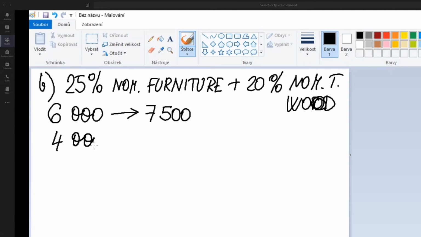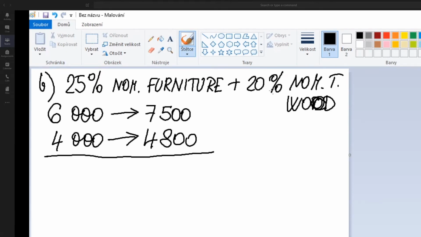4,000 is the world price of wood, but in the small economy, there is the tariff protection. 20% is 1/5, that means 4,800, the price of the wood in the small economy after the tariff imposition. So the value added that was necessary to do with the wood, that means you have to make the whole table, to color it, to do some improvements with the wood to have the whole table, used to be 2,000.